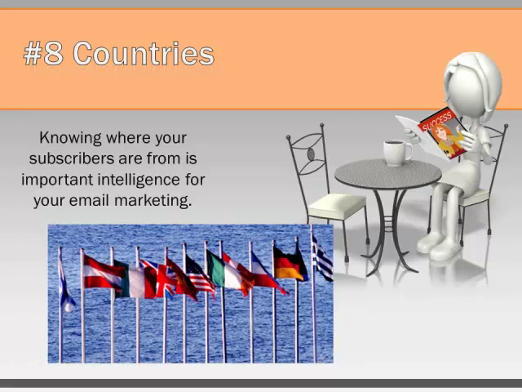This is important because if it is someplace outside the U.S. that is having more people opt in, perhaps Australia or England, the language, even though it's English, is slightly different, and you may want to cater your writing style to their style versus a United States style if you are in the U.S. The language is a little different, and you might want to keep that in mind by knowing who is opening and subscribing to your emails.